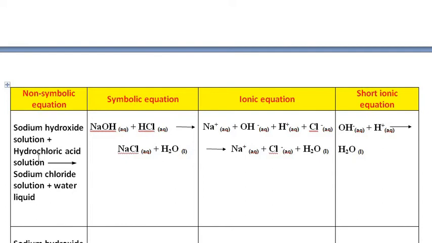This is one type of equation. The other type of equation is called a symbolic equation. A symbolic equation is obtained from the non-symbolic equation by replacing the names of substances by symbols and the states: solution, aqueous.